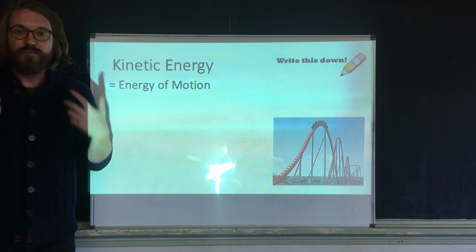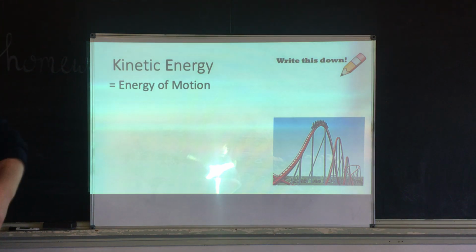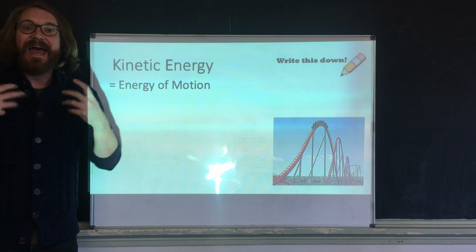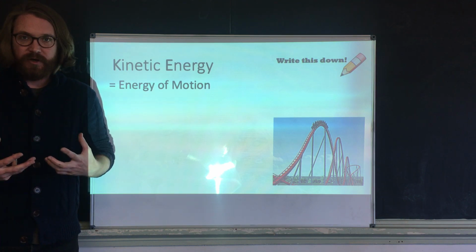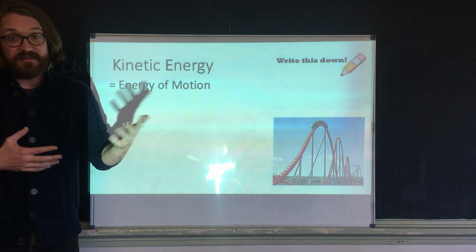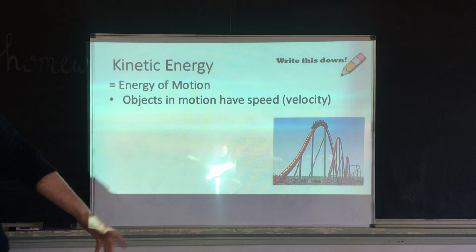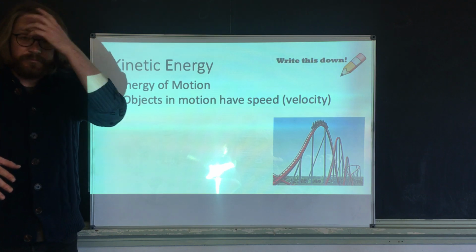It's the energy of movement. So any object that is in motion, any object that is moving has kinetic energy. Similarly, if your velocity is 0, you're not moving, and you have no kinetic energy.